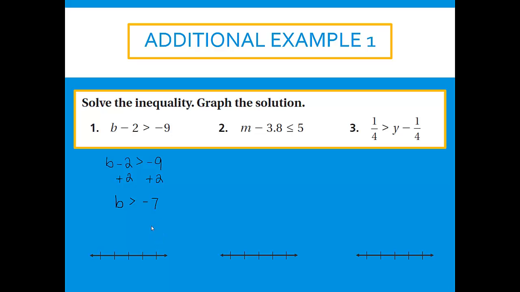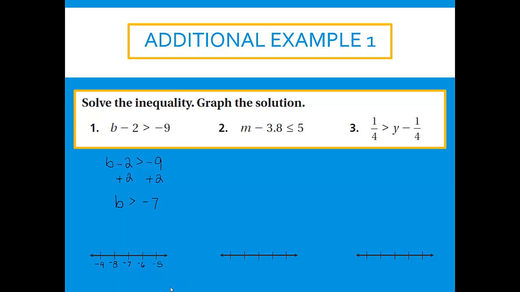So now we're going to graph the solution. We'll have -7 on our number line, and then to the right we'll have -6 and -5, and then to the left we're going to have -8 and -9.